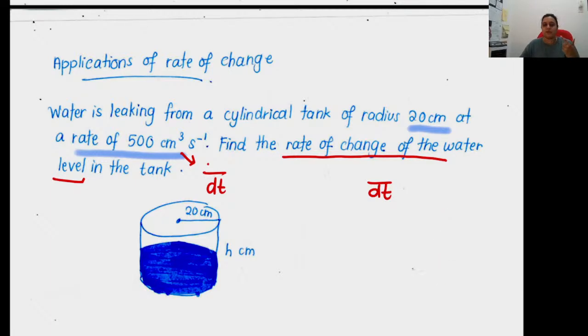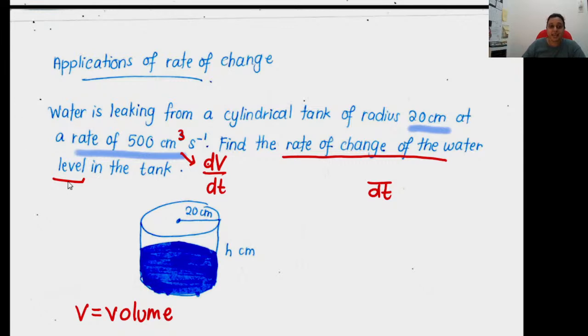Now see carefully. This rate is in centimeter cube. If you realize, this is power 3, and power 3 always has something to do with volume. So this is dV dt. Therefore, we're going to use V for volume. How about the rate of change of water level?